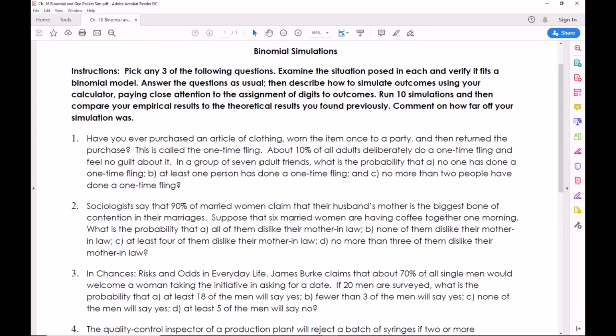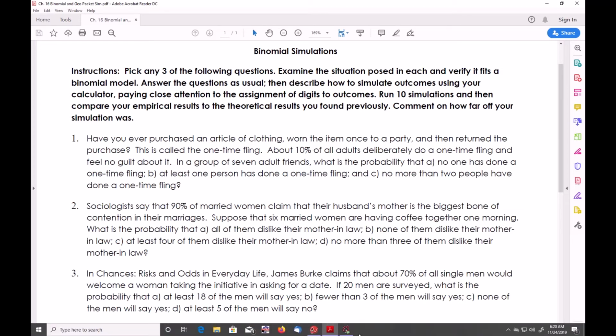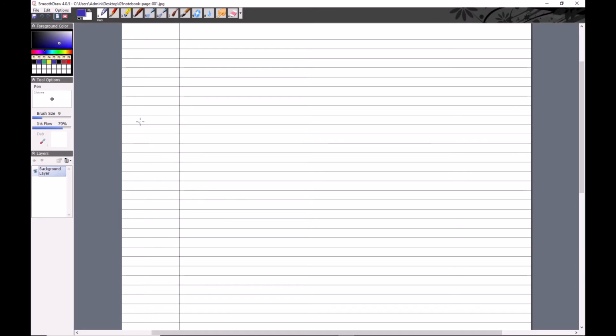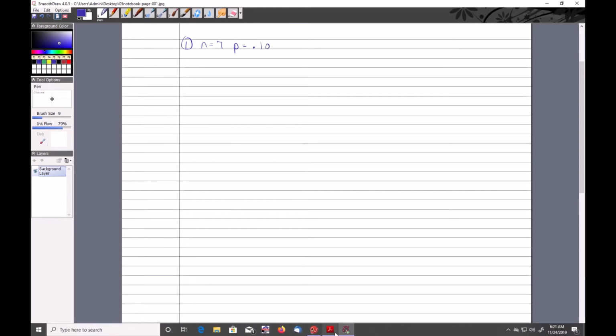Okay, in a group of 7, all right, so 7 is N, 0.1 is P, so let's just go ahead and get set up for this. So let's see what we've got here. We'll do number 1. So N is going to be 7, P is going to be 0.10 if you must.